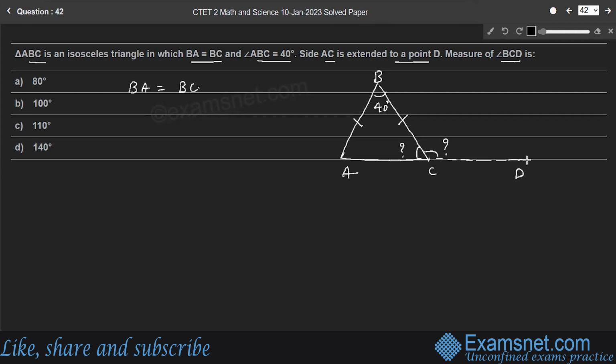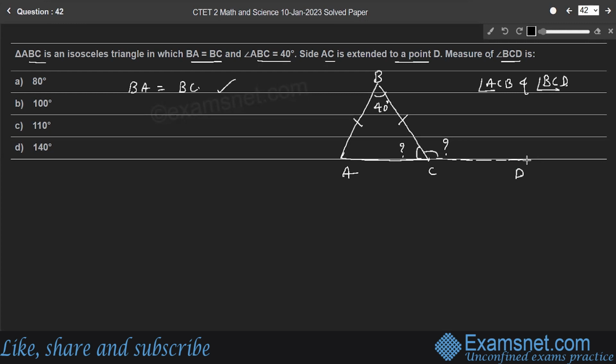If we get the value of ACB, we can easily find BCD because these two, ACB and BCD, are linear pairs. Linear pairs means the sum of their angles is equal to 180 degree, right? How to get the angle ACB? For that we use the concept of isosceles triangle.